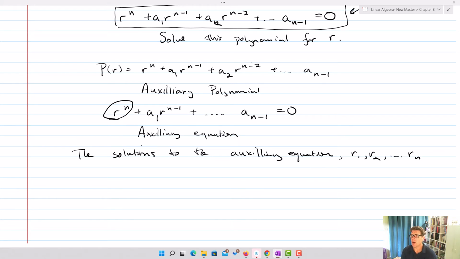It's an nth power polynomial, so we're going to have r sub 1 through r sub n, and this is accounting for repetition and complex roots. We'll talk about that a little bit more in a bit.